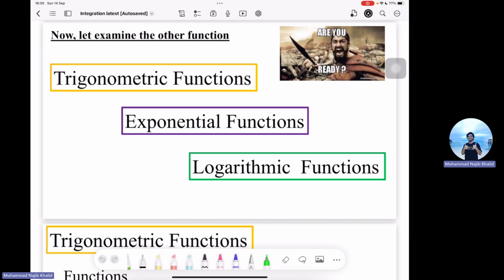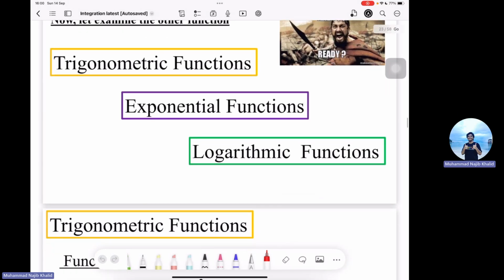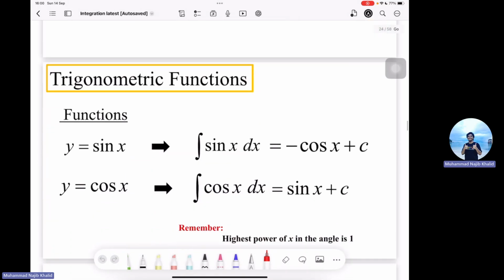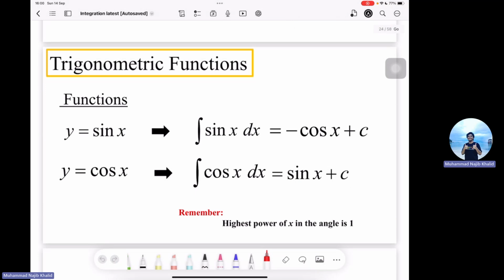Right. So next we continue with the three more functions: trigonometry, exponential, and logarithm. For the first one, we go for trigonometry. For trigo, we just cover only two. If we have y is sin x, we want to integrate sin x with respect to x.